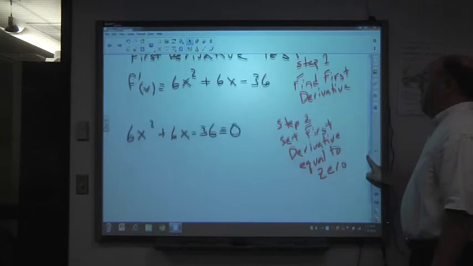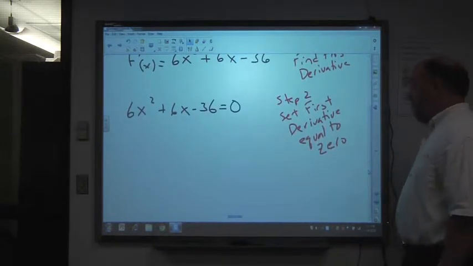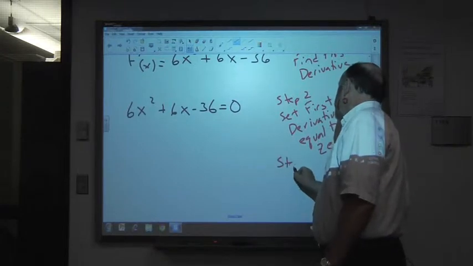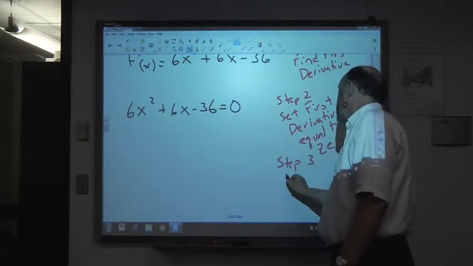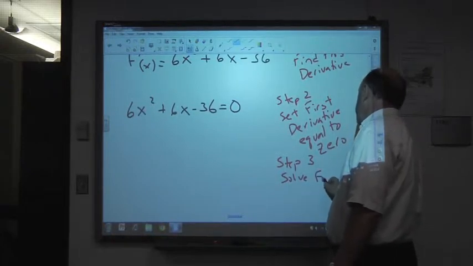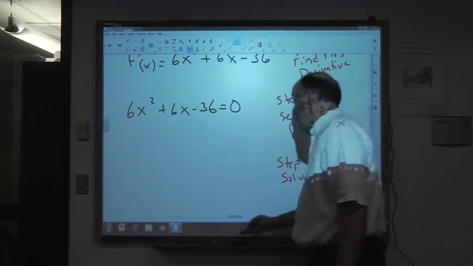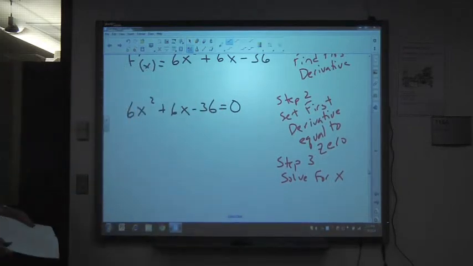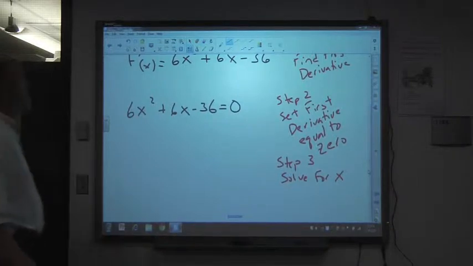Okay. So we set it equal to 0, and so step 3 is to solve for x. If I look at this quadratic, first off, I notice in regards to the numbers that 6 goes into everything, so let's factor out a 6.